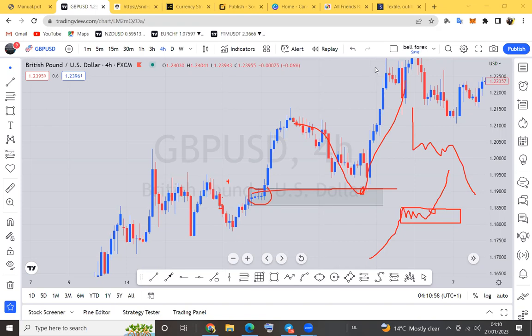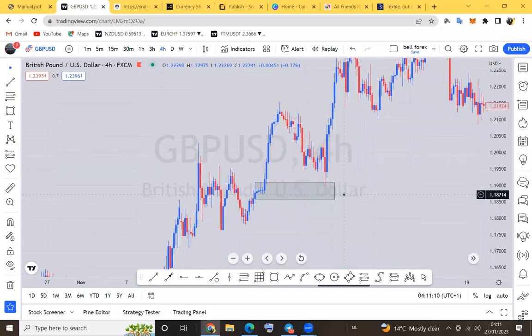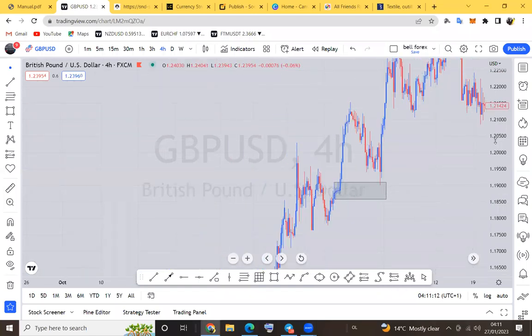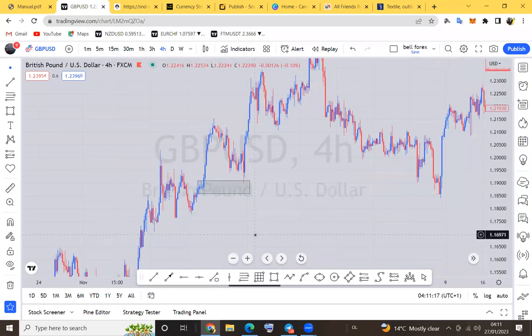See, this particular zone is a critical, it's a what? It's a critical demand zone. It's not a support. It's not a resistance. That's why I do not define demand and supply as support and resistance. That is why I do not define it that way.